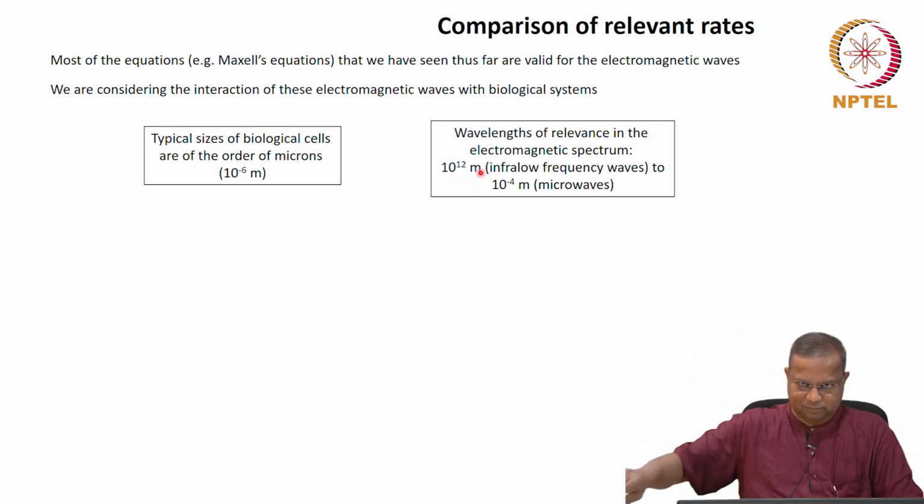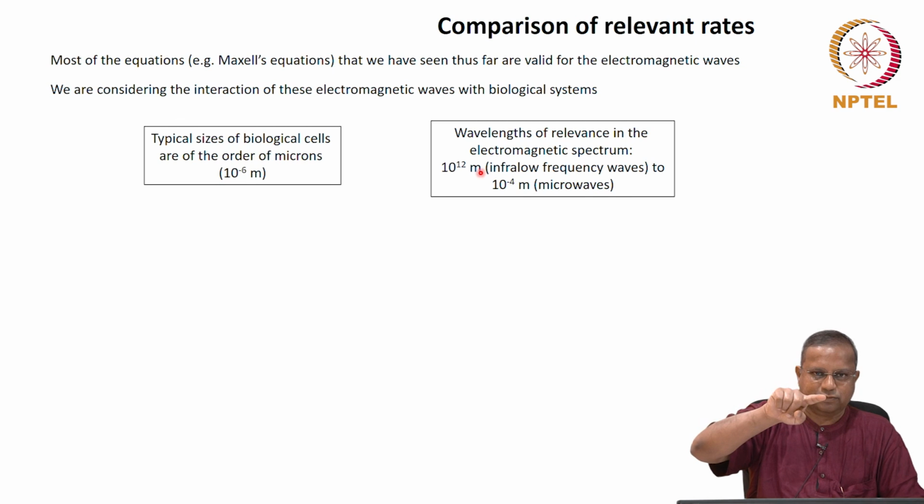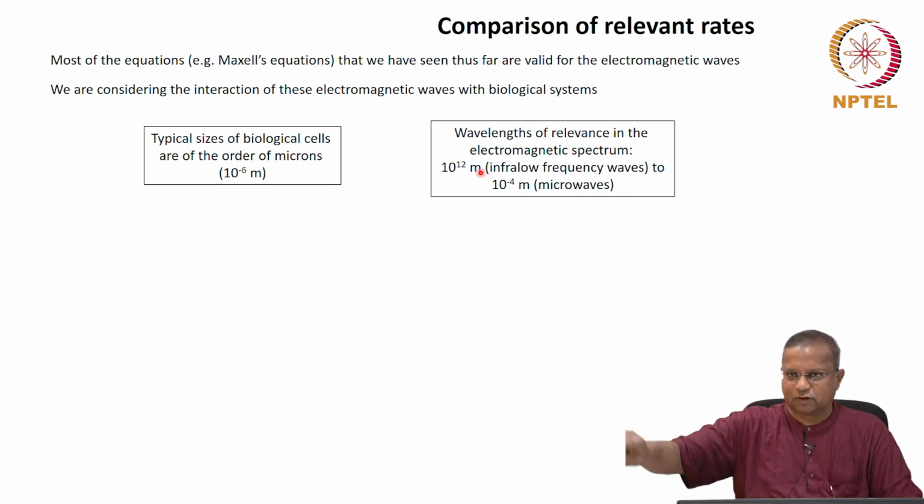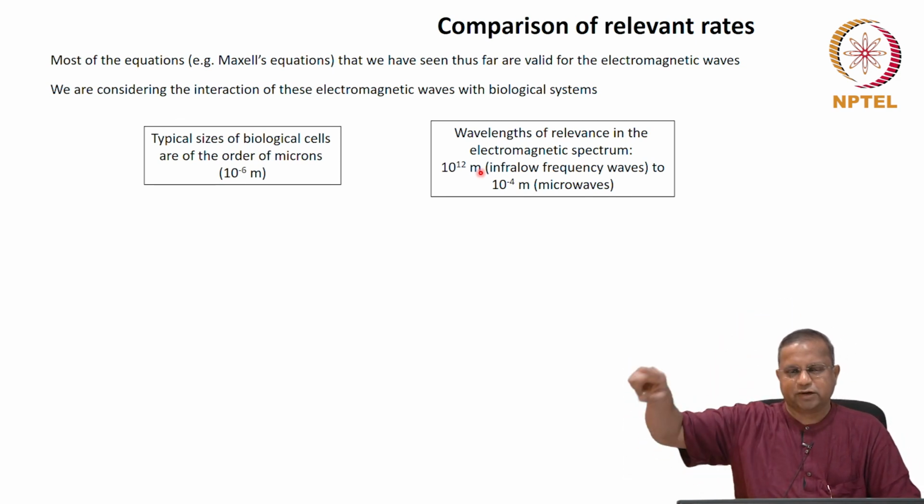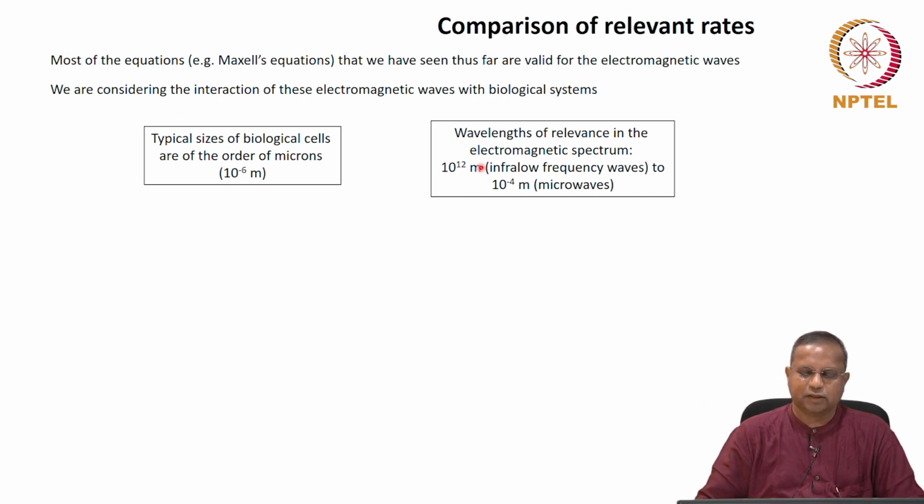The wavelength is, you go from 0 to a crest, then to a trough, and then back. If you look at it as an ideal sinusoid, that wavelength is 10 power 12 meters for infra low frequency waves, and it is 10 power minus 4 meters for microwaves. This is pretty much the range that people call the relevant range for the electromagnetic spectrum for most of our purposes.